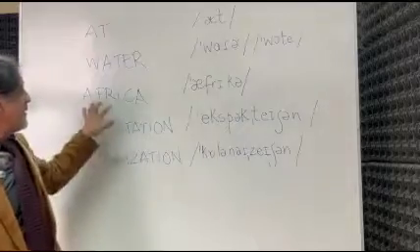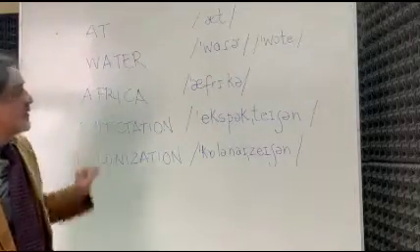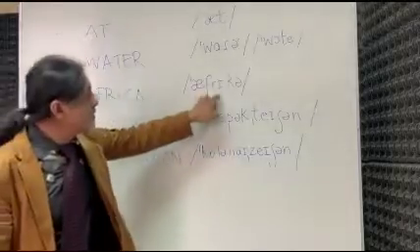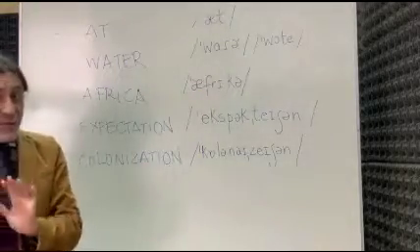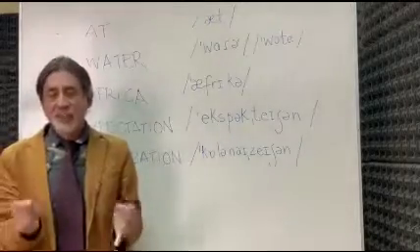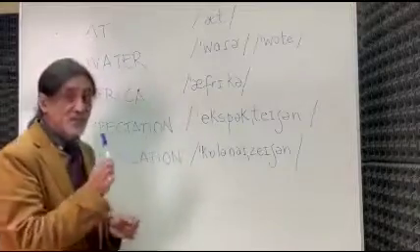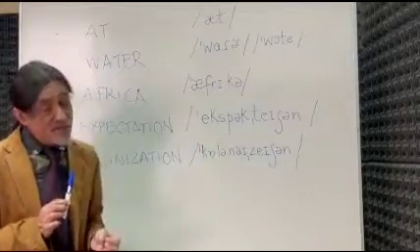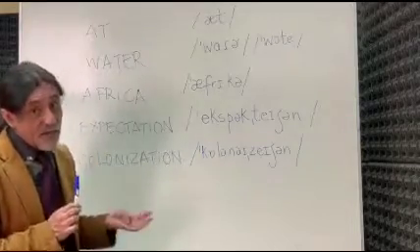Then we have a word that has three syllables, right? Three syllables. So, Africa. It has three syllables, but how many segments? What is a segment? A segment is an individual sound. For example, an individual sound like a consonant, a vowel, a diphthong, or a semi-vowel, or a glide.